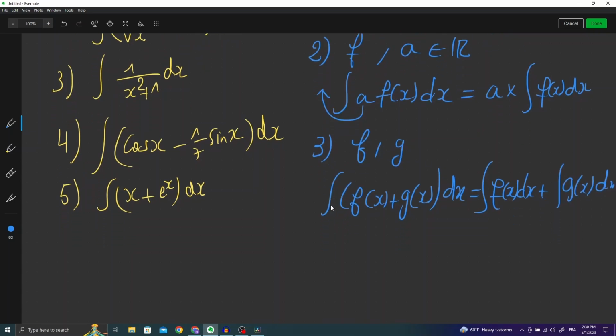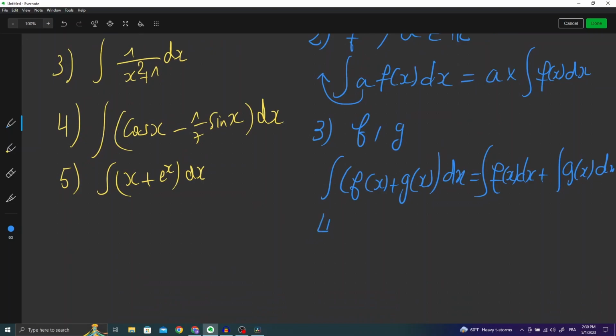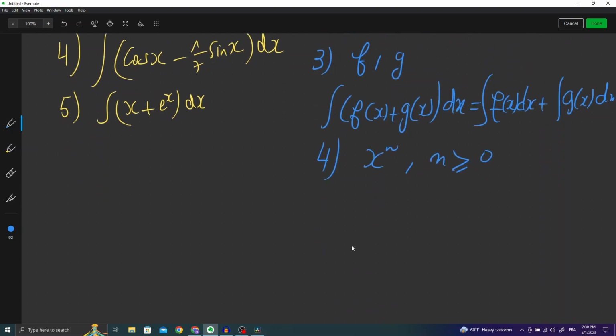The fourth property is for any polynomial function x to the power of n, where n is bigger or equal to 0. The integral of x to the power of n dx is x to the power of n plus 1 over n plus 1, and we add a constant, alright?